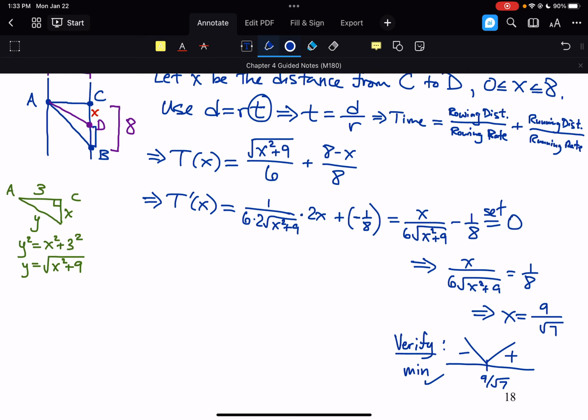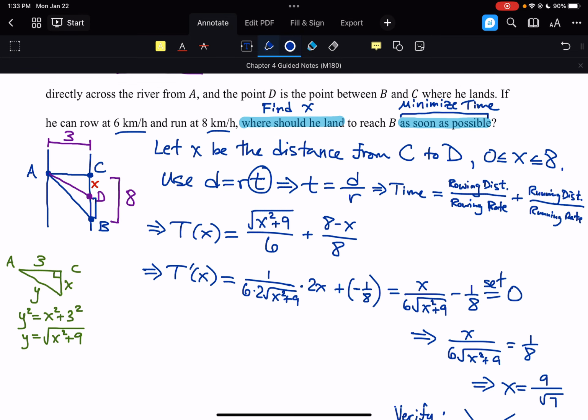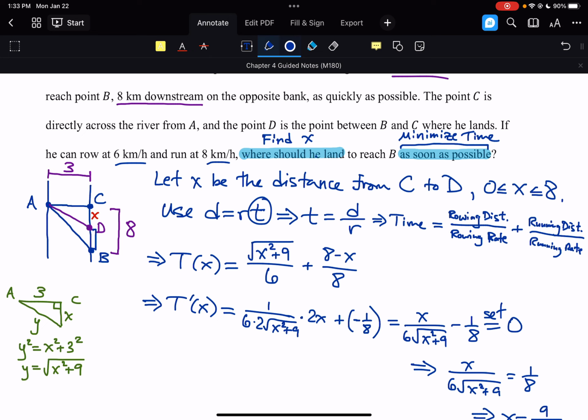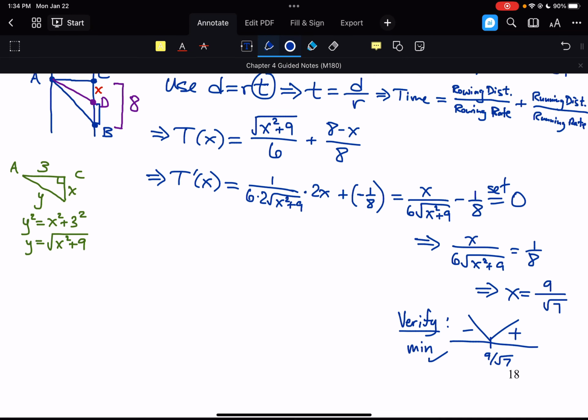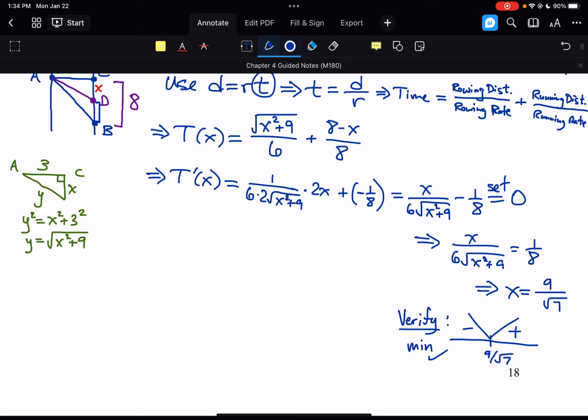Now, we got the x value. Let's double check and make sure what we're actually looking for. So where should he land to reach B as soon as possible? So we are looking for the x value. The x value is the answer. So we'll go ahead and give the exact answer, and we'll put in the approximation as well.